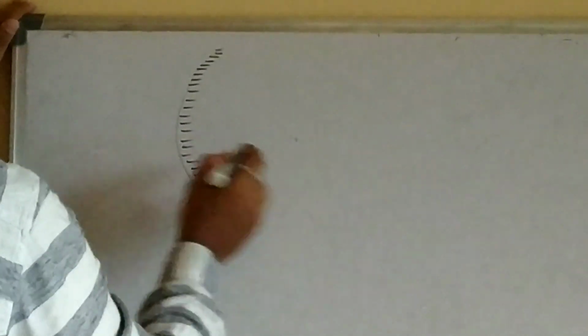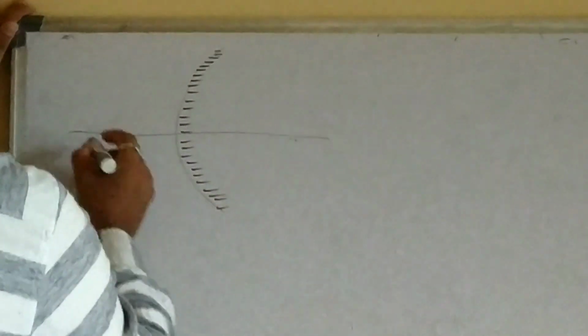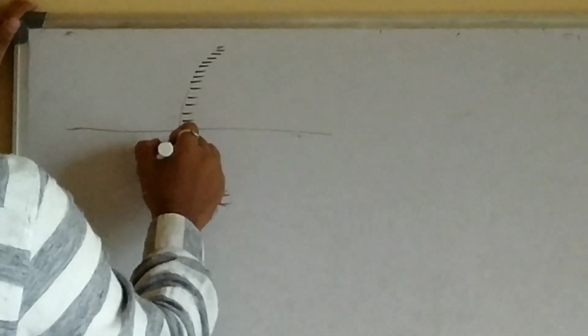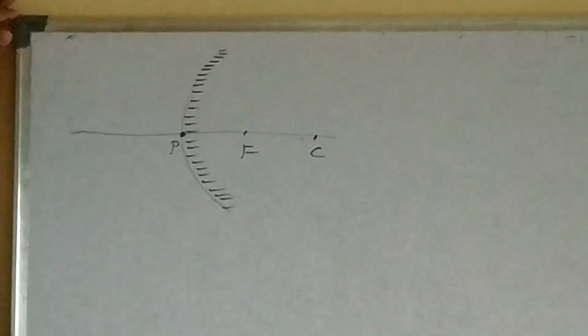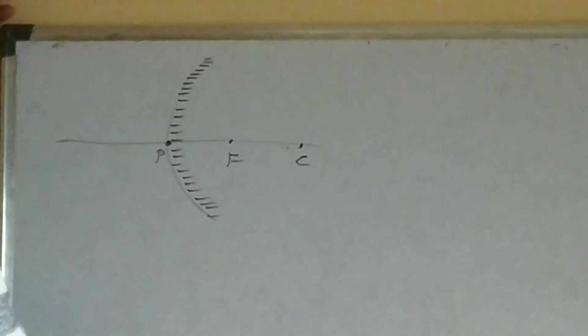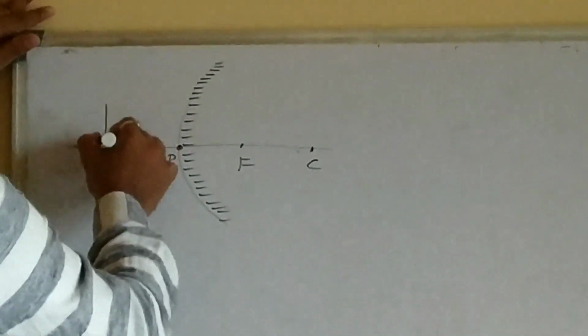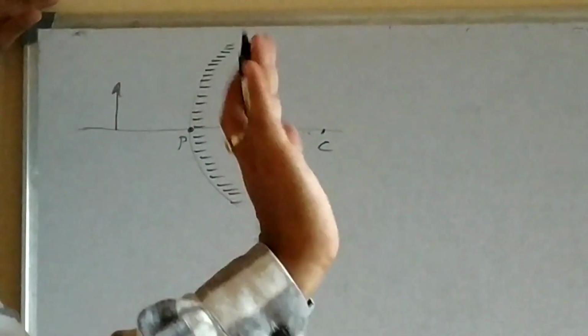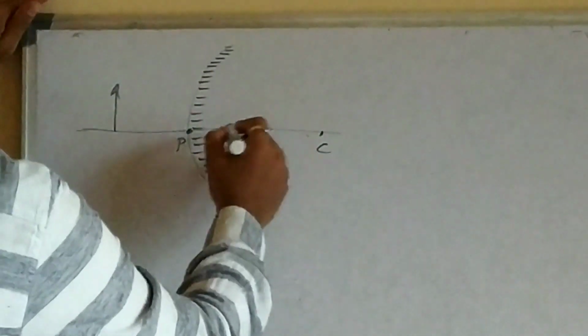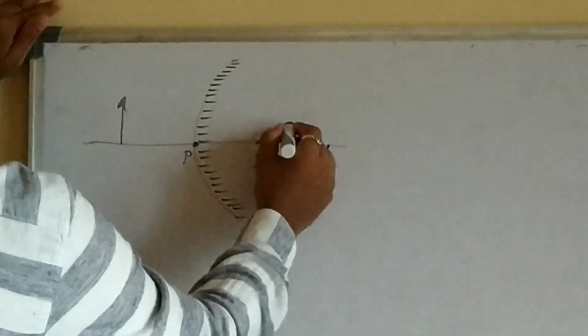Now you have the principal axis. Here is the pole, principal focus, center of curvature. Now you know that if you are having the object here, you are getting the image, virtual and erect image, not inverted. But it is diminished. Somewhere here you are getting the image.